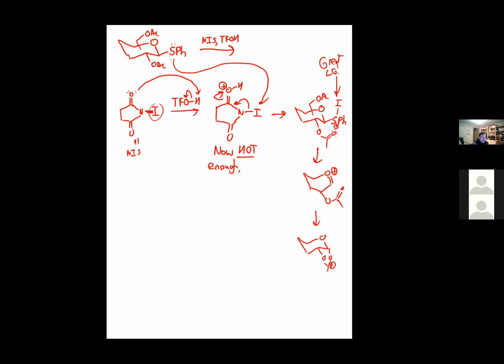And everything just behaves kind of like an oxocarbenium, where we spent quite a lot of time talking about them with the bromide. So I'm not going to waste any more time here. Nucleophile comes in. Product goes out.